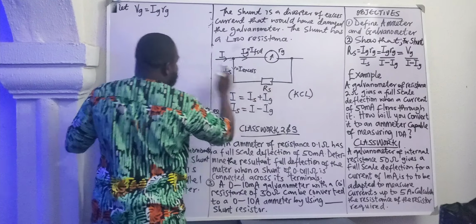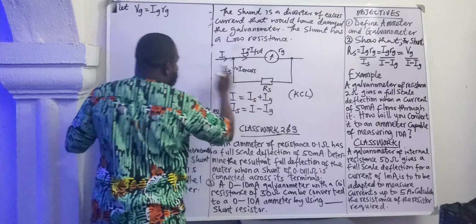The voltage drop across the shunt, let it be Vx, and according to Ohm's law also, it will be what? Ix Rx. And since the circuit is connected in parallel, the voltage drop across the galvanometer is equal to the voltage drop across the shunt.